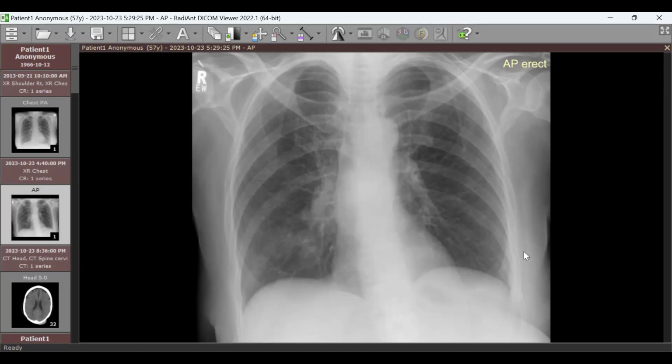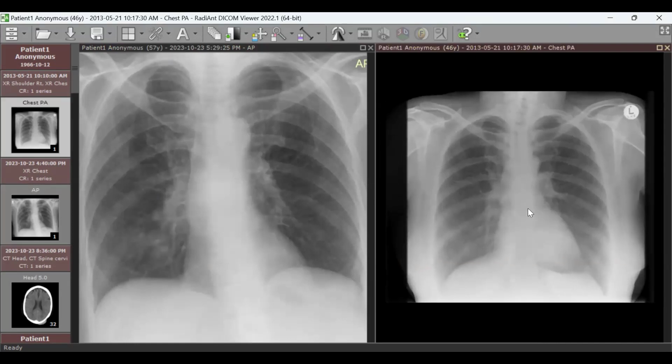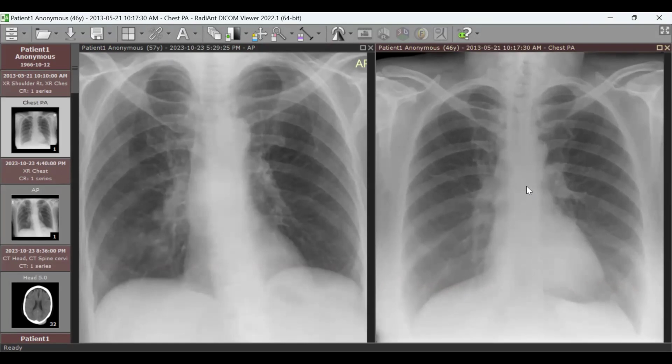That's why we need to compare to any previous images, right? This was nearly, I think, 10 years ago for the same patient.